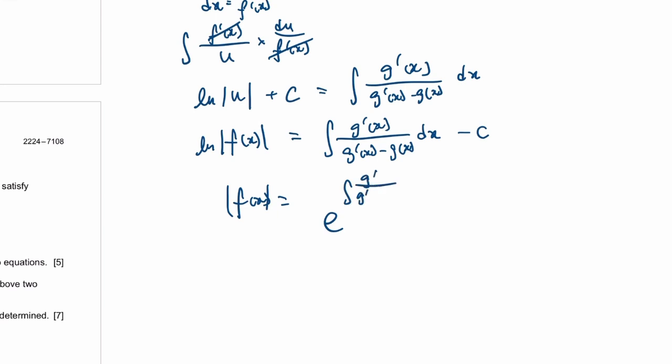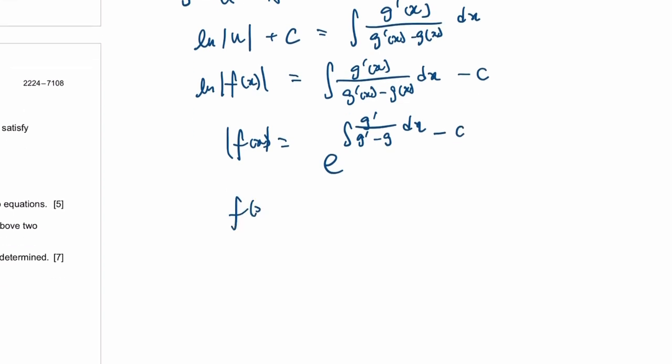Again, I will stop writing x, so boring. Minus c. So first you have e to the power of minus c. That's the same as having e to the power of negative c times the rest, due to law of indices.